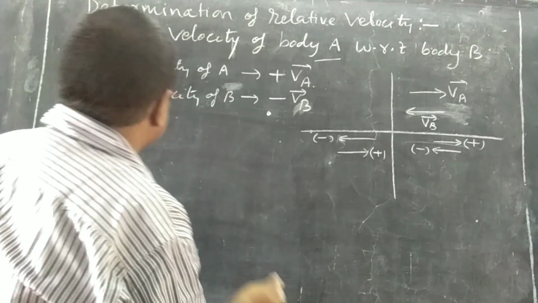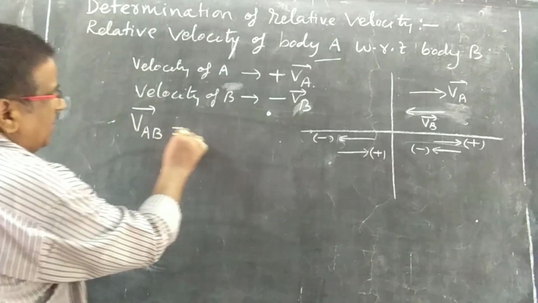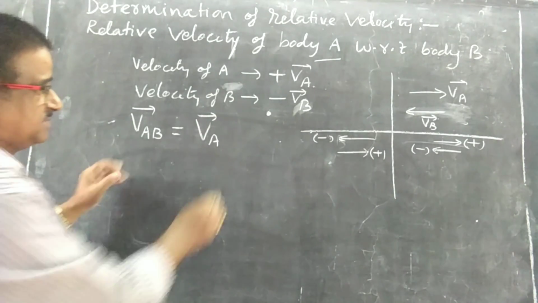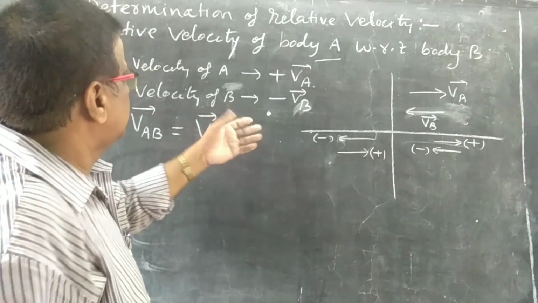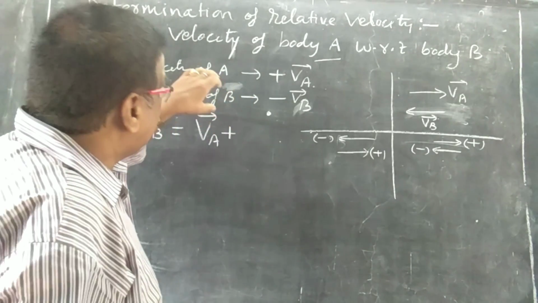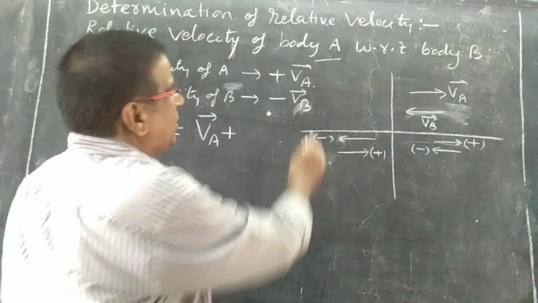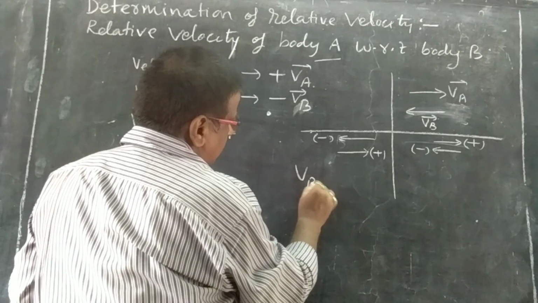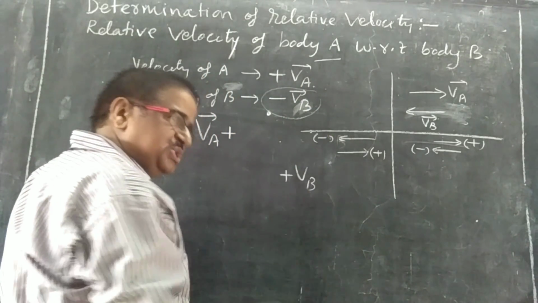Now according to the concept, we are going to calculate VAB, and VA will be substituted as it is, then plus, according to the concept, we have to make the velocity of body B 0. For this we will add VB here, then it will become 0.